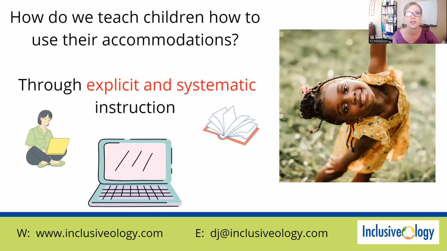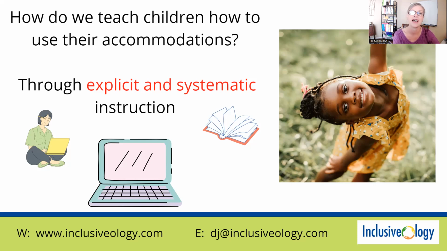So once they're adjusted or changed, then we can go ahead and consider the most important part, and that is how are we going to teach children how to use their accommodations? Because that's the purpose, is to teach them how to use their accommodations so they can feel independent, that they feel confident in the work that they're doing in their classroom. And so the most effective way to teach them how to use their accommodations is through explicit and systematic instruction.